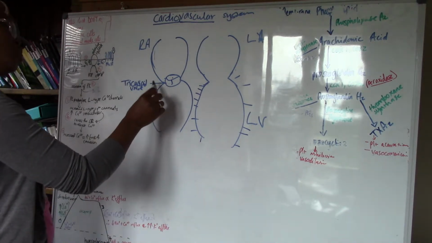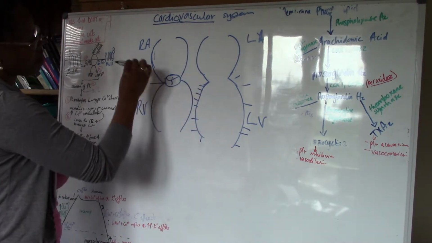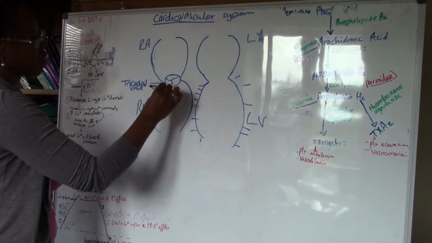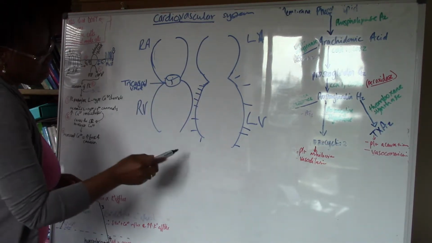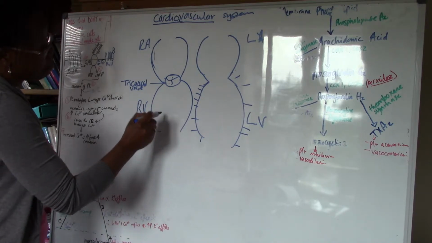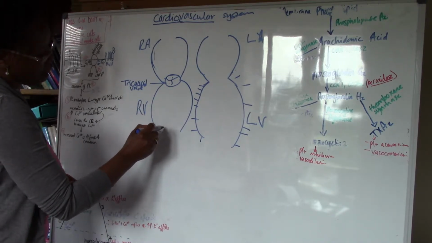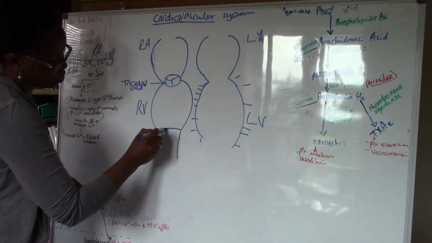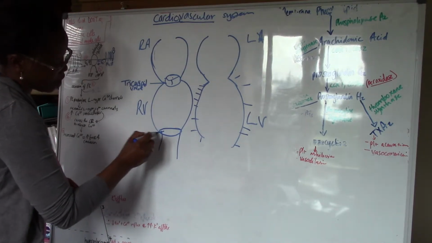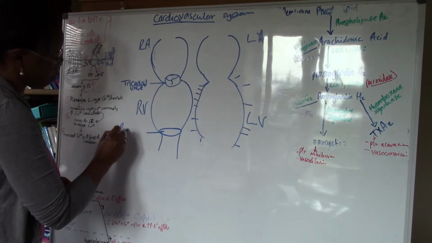This is also called the right atrioventricular valve. And then between the right ventricle and the vessel, we have a pulmonary valve.